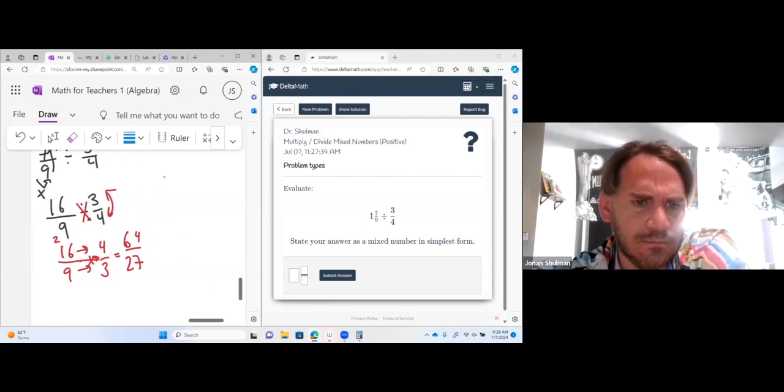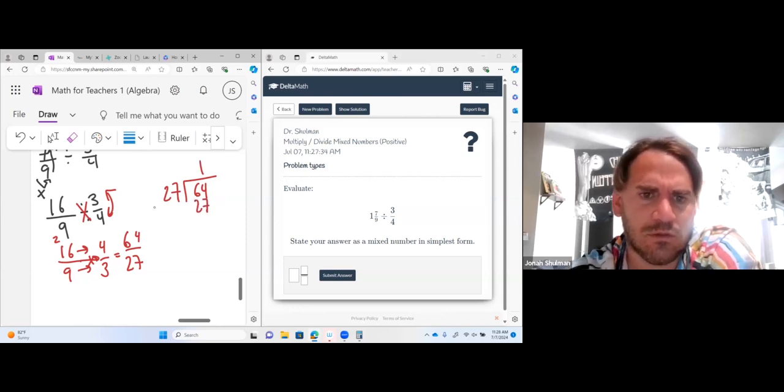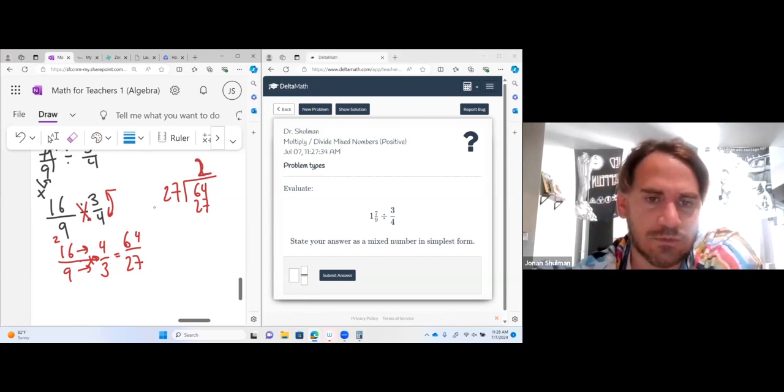And I don't think we can simplify it. So how many times does 27 go into 64? I believe it's 1 time. No, it's probably 2 times, right? Well, what's 27 times 2? That's 54. Yeah, it is 2 times.